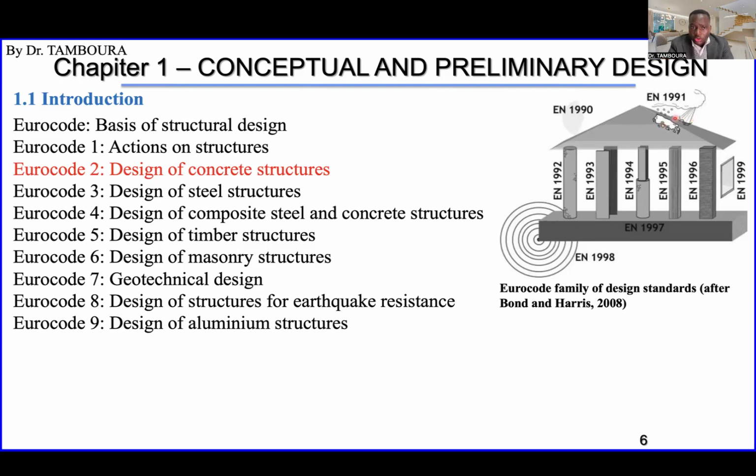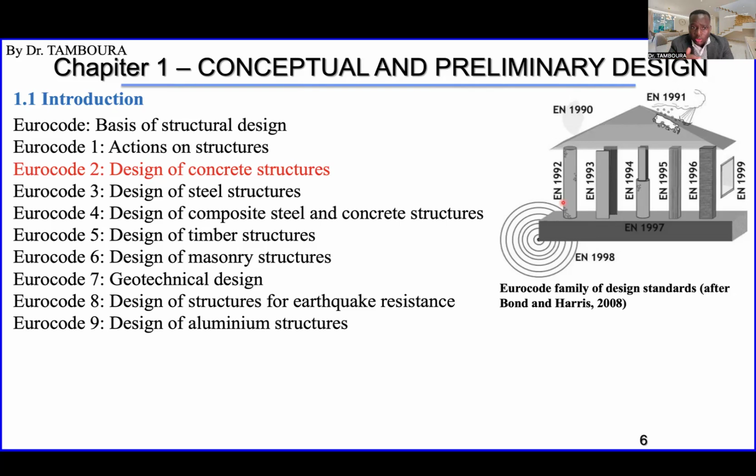Sometimes you have typhoons in some countries. And Eurocode 2, which is the one we are going to discuss in this program, is design of concrete structures. This one is like a concrete column. So how to design this according to Eurocode.